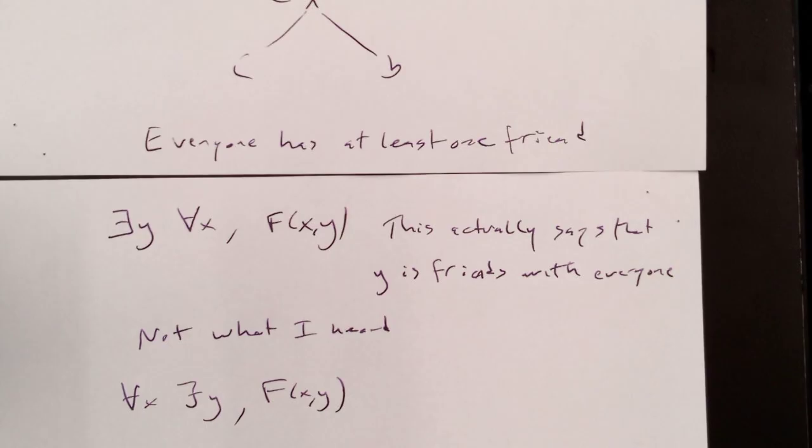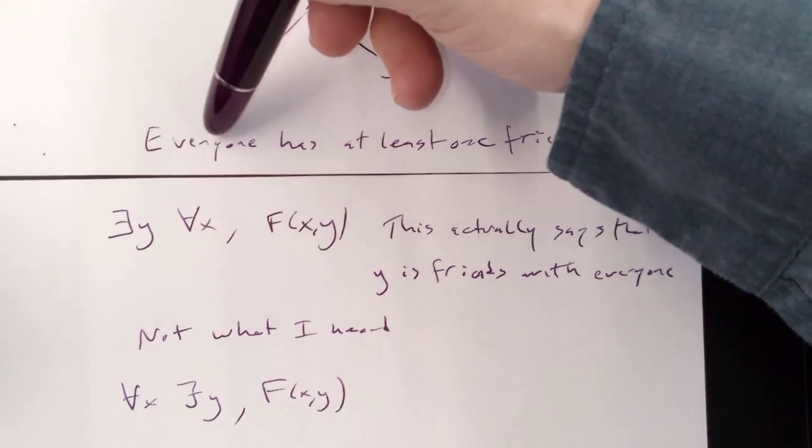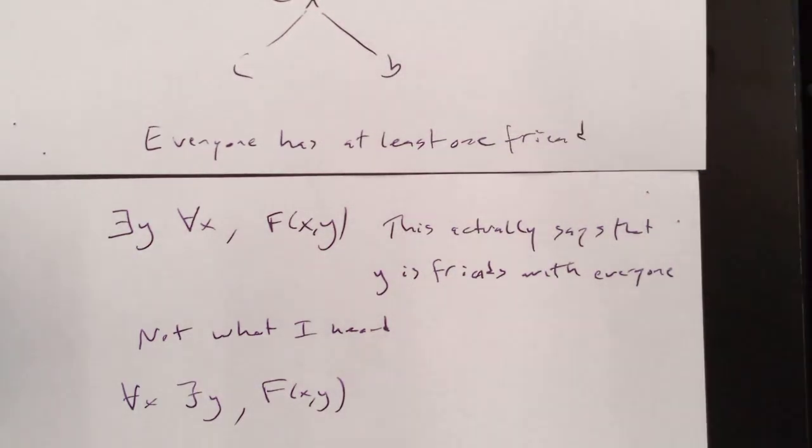Pick anyone. There is someone who is their friend. No matter who you pick, there's someone who is their friend. And this time I did use at least one, since that existential thing doesn't say anything about having one and only one friend, right? The order matters here.